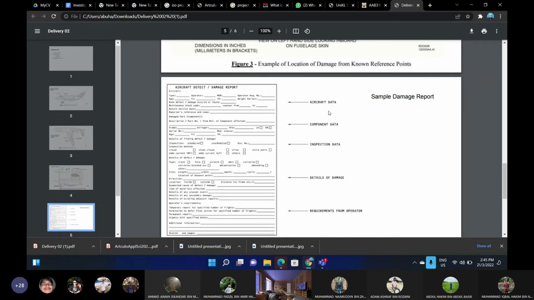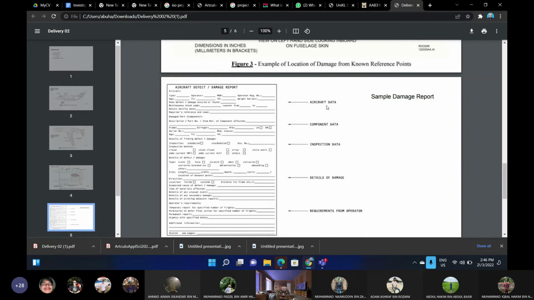First component is aircraft data: what aircraft has been damaged, aircraft serial number, aircraft operator, aircraft tail number. As much information as you can give on the aircraft cycles and aircraft hours. Those are the things that you need to give in the aircraft data.